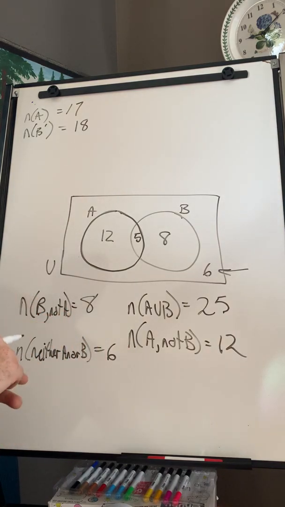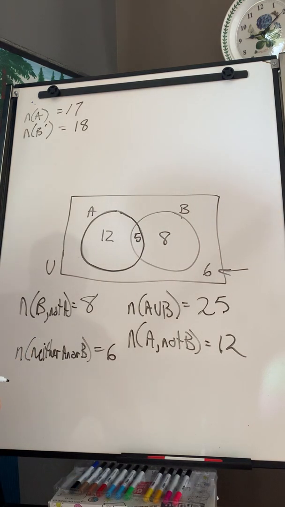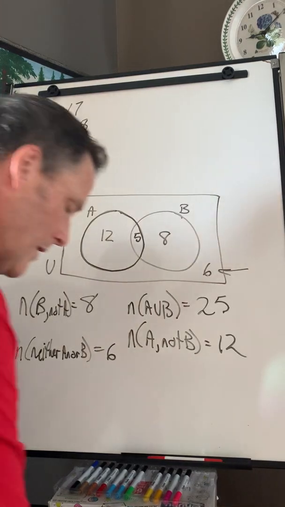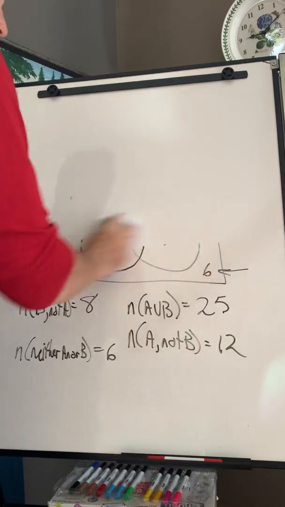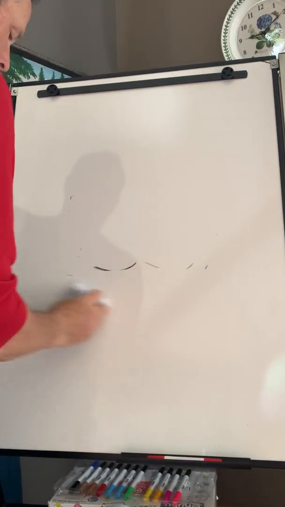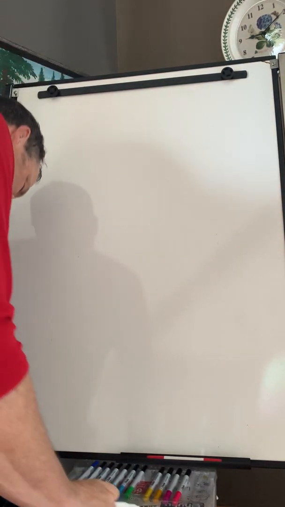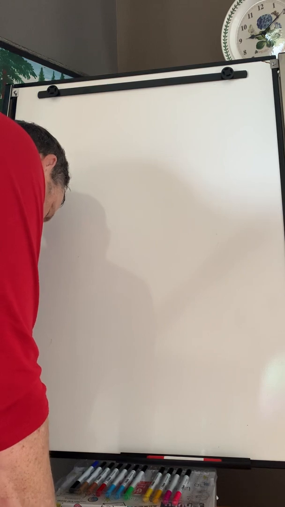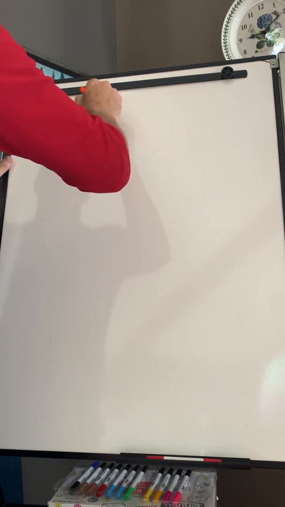I'm hoping this is fairly visual, fairly straightforward, but we'll do another example. We're going to do example 11. I'm going to get rid of this so we can draw it. Make use of the top space here. And given universal, number of elements in the universal set is 25.